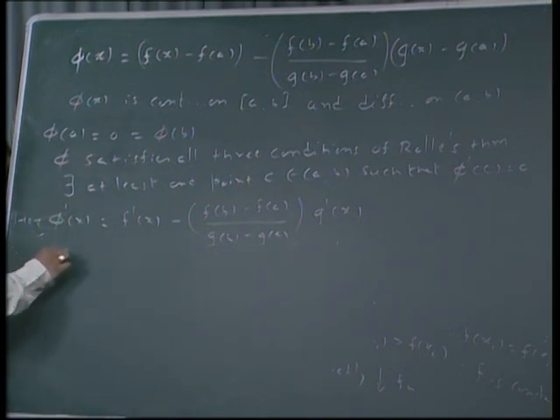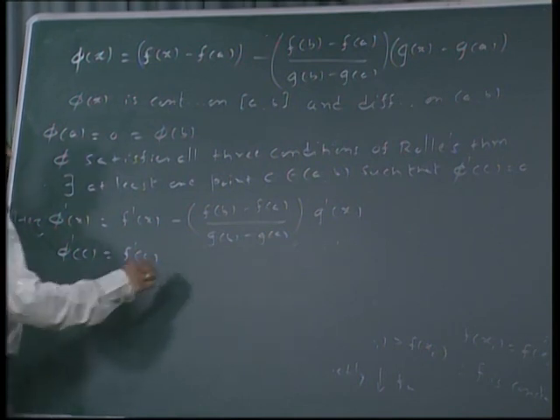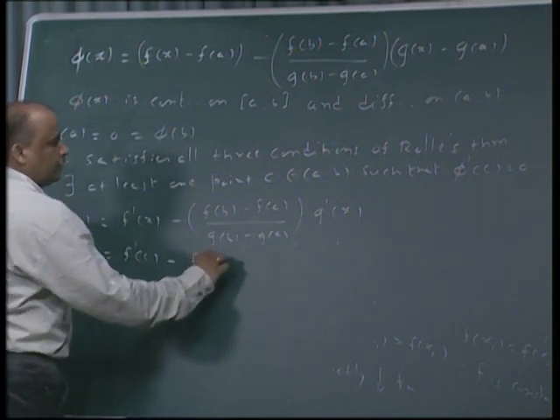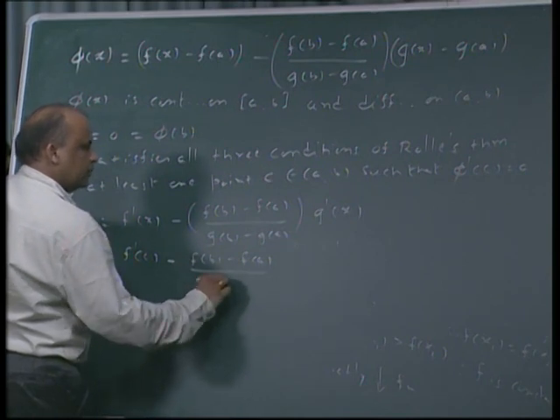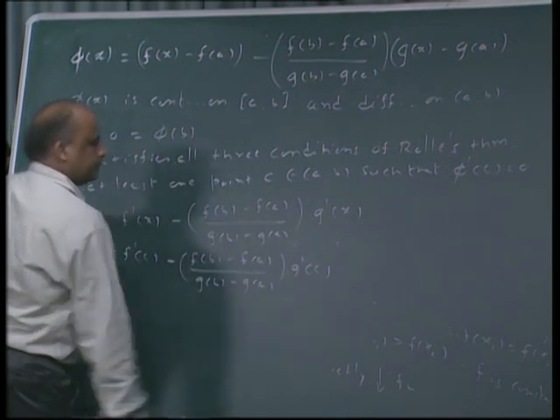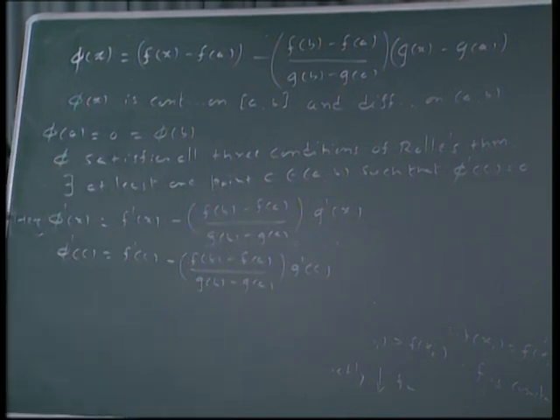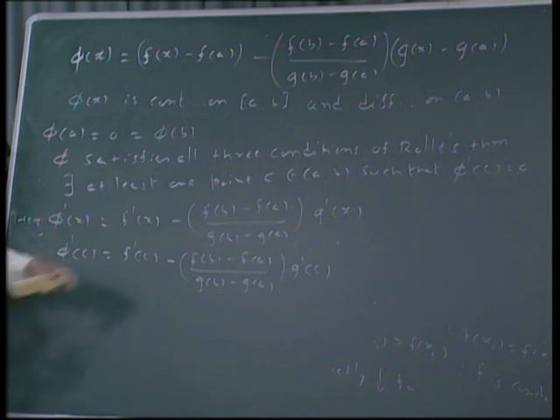Therefore, phi'(c) is f'(c) minus ((f(b) minus f(a)) upon (g(b) minus g(a))) into g'(c). But as my function phi satisfies all the conditions of Rolle's theorem, I can use the conclusion of Rolle's theorem, that is phi'(c) is 0.